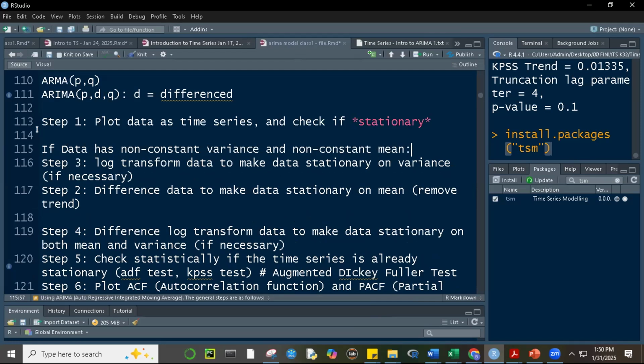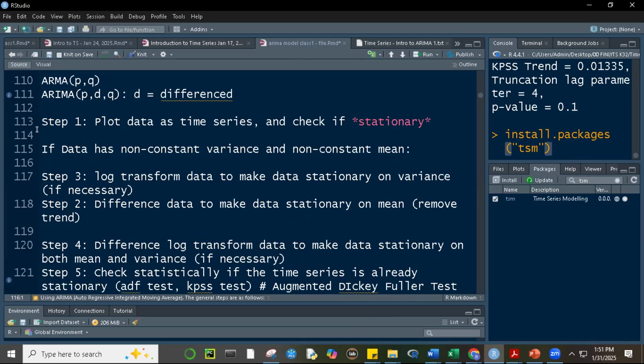Okay. So in this situation, we do log transformation first, then step 2, get the difference of the data.